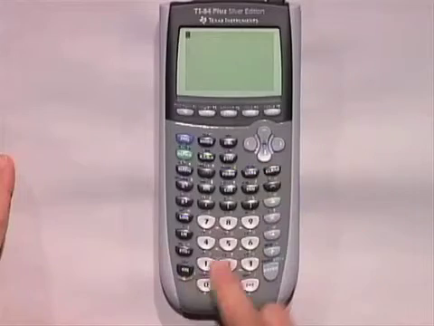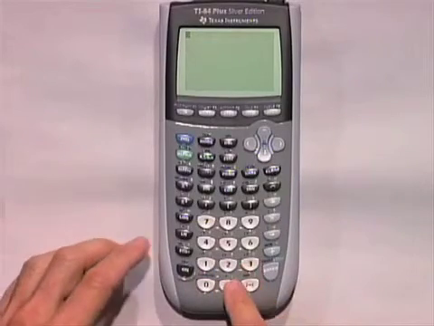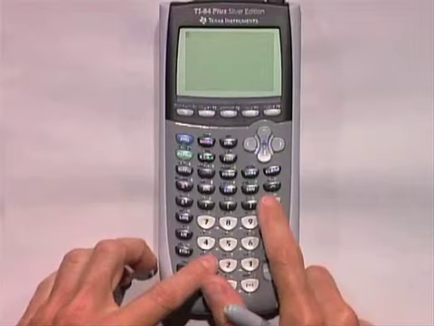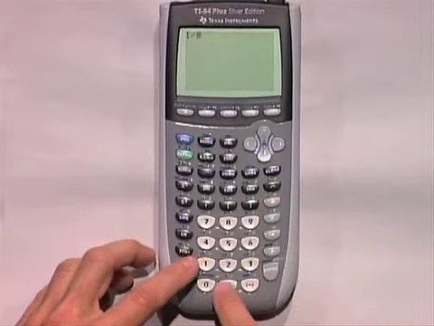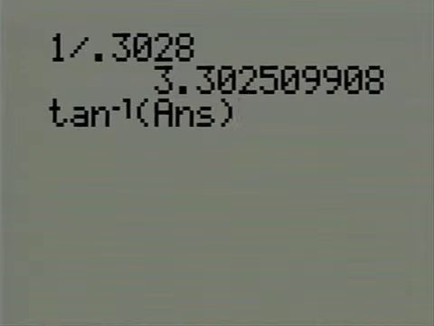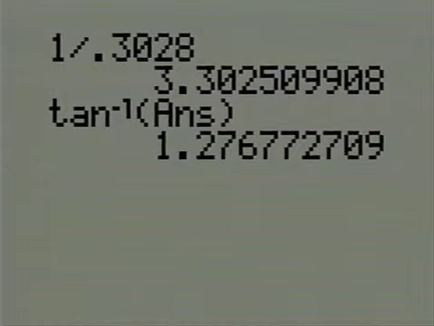With the help of a calculator, I'm going to first do 1 divided by 0.3028 and get a value, and then I want the inverse tangent of that answer. The inverse tangent, or the angle whose tangent is that answer, comes out in radians to 1.27677 and so forth.